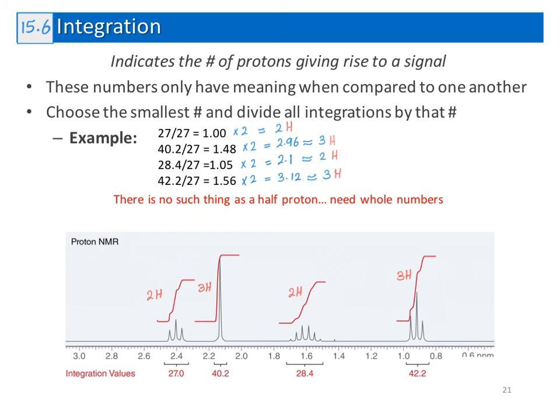Now what this tells us is that if we have a structure and we have a CH3 group in that structure, the peak for that CH3 group should be either this one or this one, because these two signals show 3 hydrogens. And if you have a CH2 group in that structure, the peak for that should be either this one or this one, because they have 2 hydrogens under this signal. So this gives us the clue of which hydrogen is with which peak.